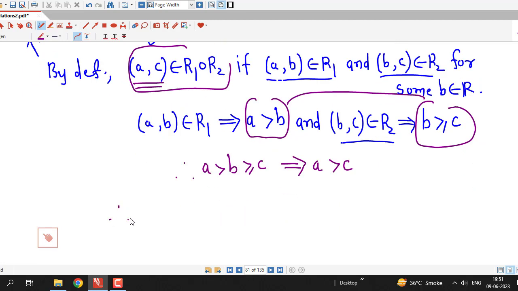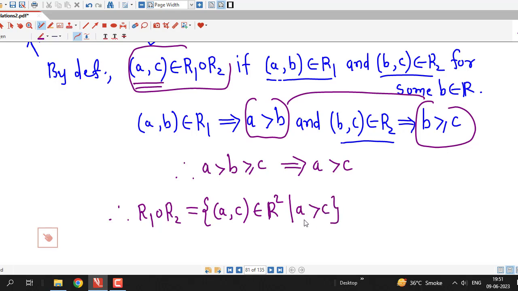Therefore, this relation R1 composite R2 is the set of all those ordered pairs (A, C) in R2 which satisfy this condition, A is greater than C.